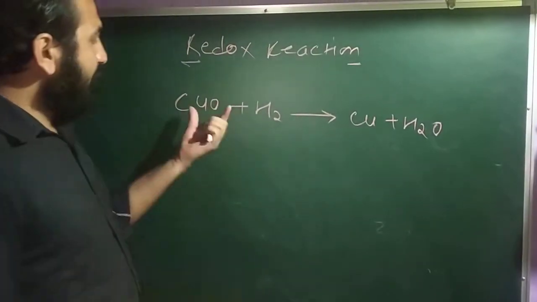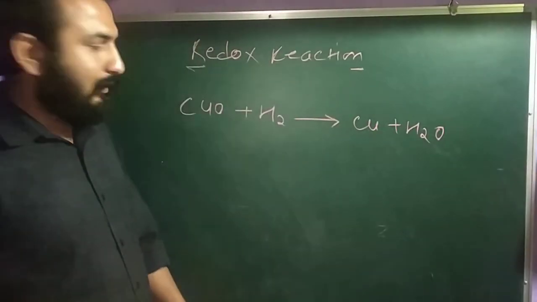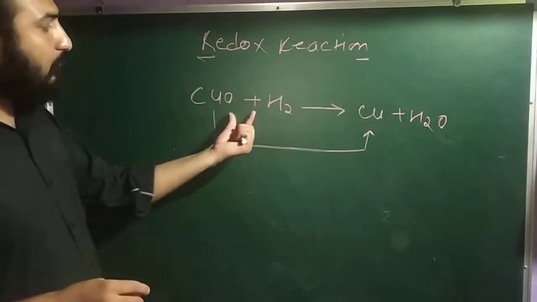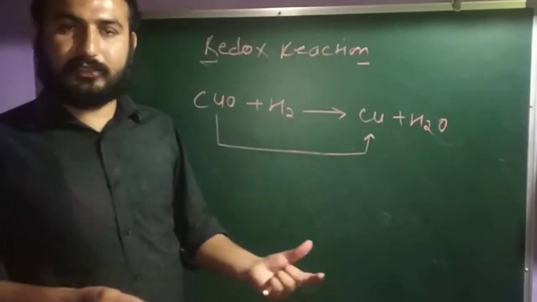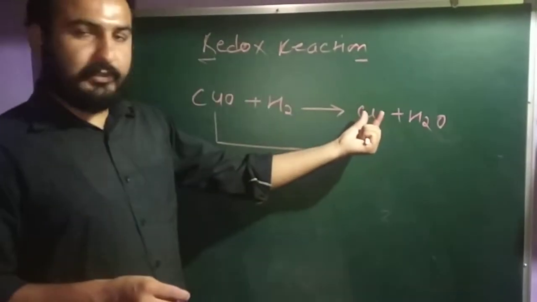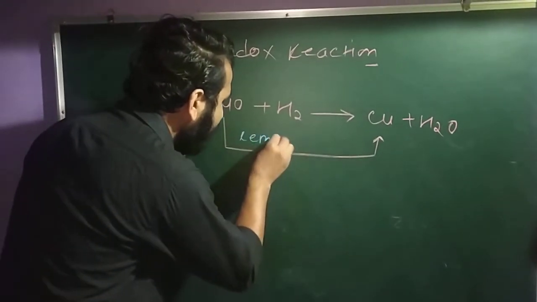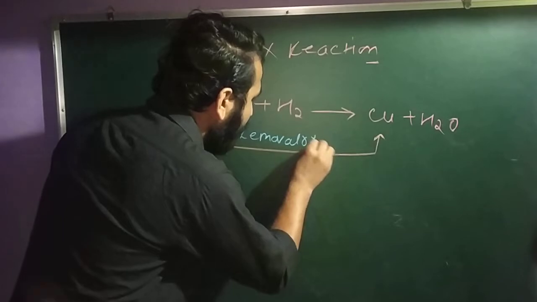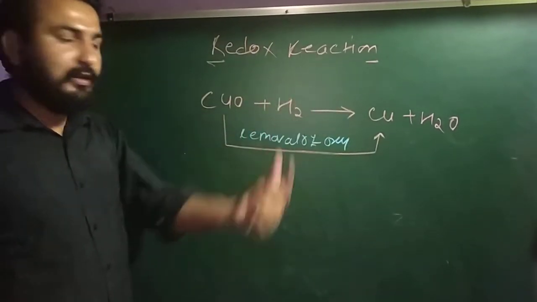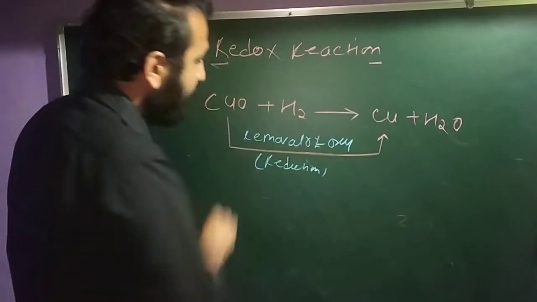Redox reaction. Clear? Here you have copper oxide plus hydrogen giving copper and H2O. You can clearly see two reactants and two products here. The copper oxide is losing oxygen, so according to the definition, removal of oxygen goes for the reduction reaction, as I told you.